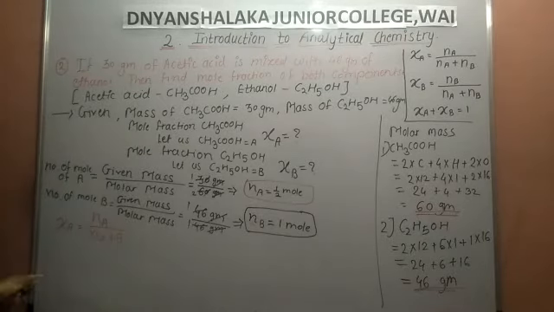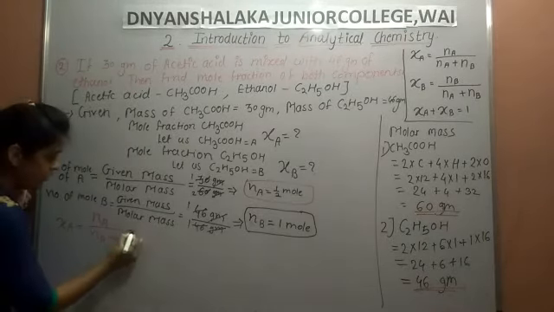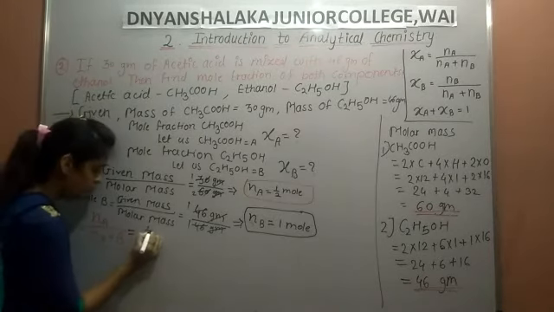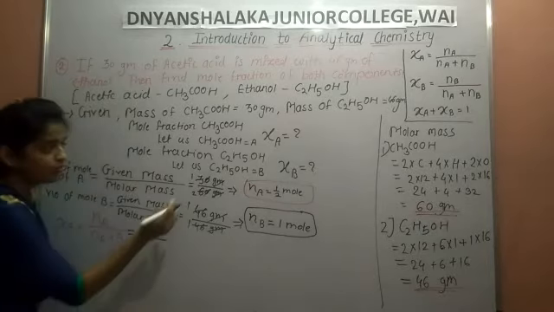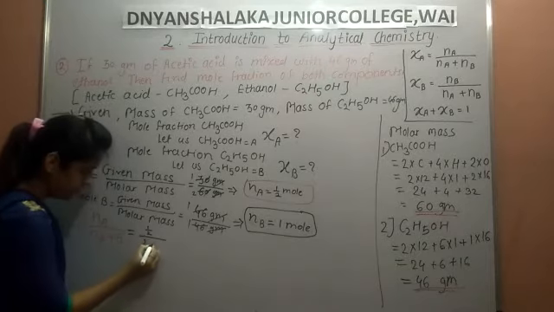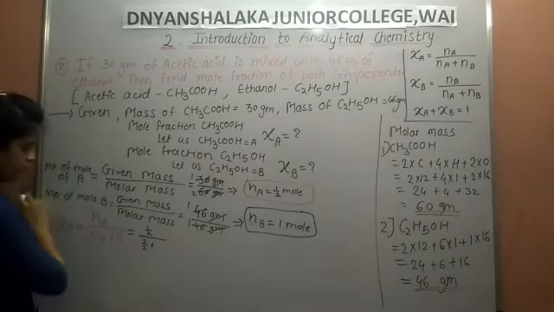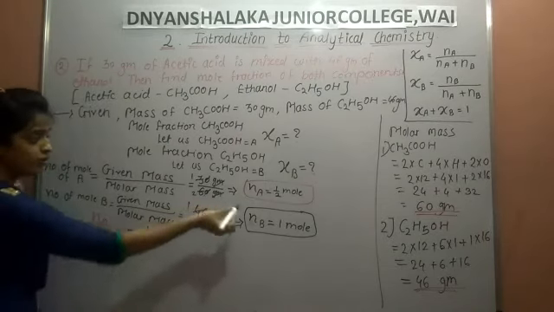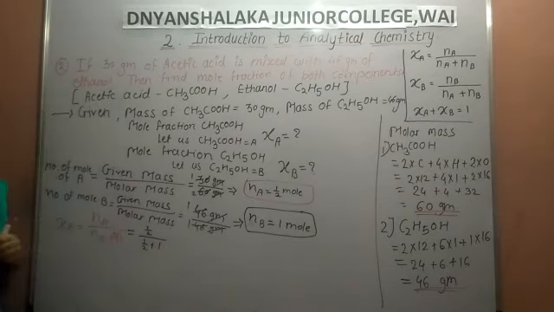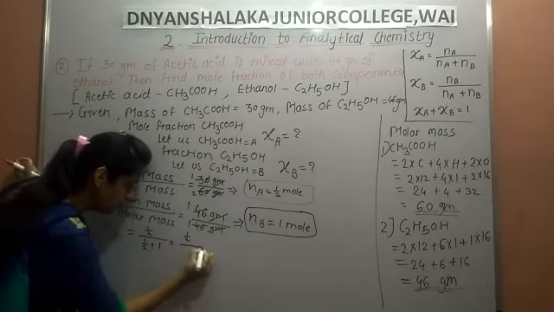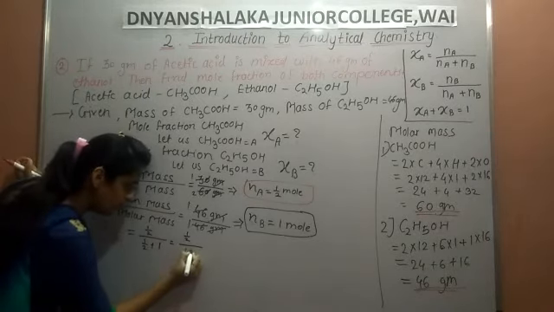So the number of moles of A component is 1 upon 2, divided by 1 upon 2 plus the number of moles of B component, which is 1.